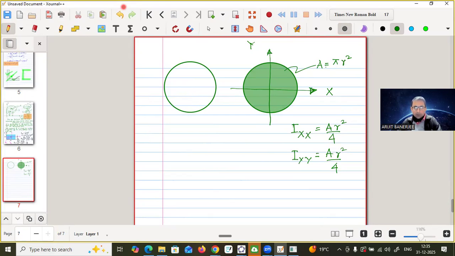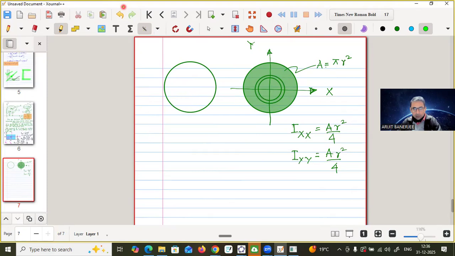So how to determine? You can select any two strips like this. So this is the area.